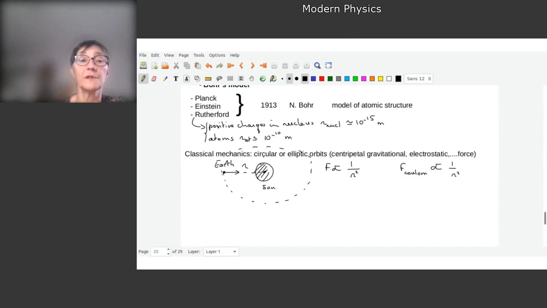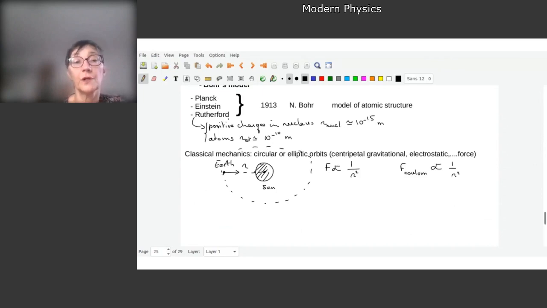and the Bohr model will use this possibility. Particularly we will study circular orbits, which are simpler. This is a very classical notion, but we will also use the results from Planck, Einstein, and Rutherford.